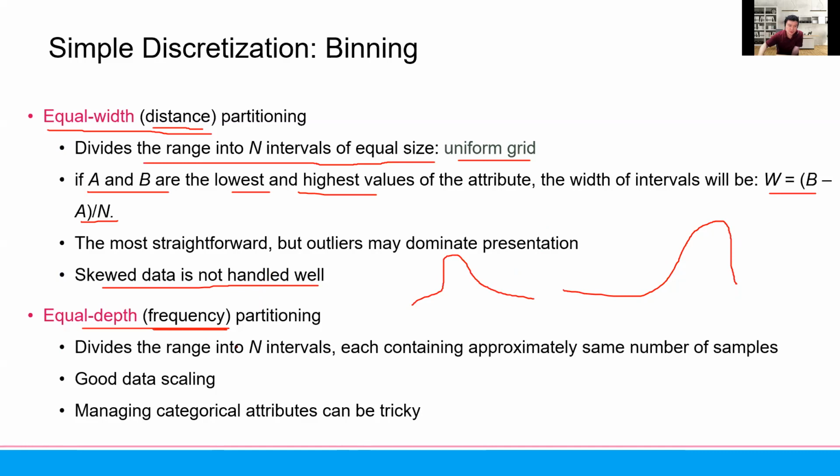In the frequency-wise approach, we divide the range into n intervals containing approximately the same number of samples. So the frequency for each bin should be at least the same. It is good for data scaling, but later, when we have this binning, how to handle the categorical attributes will be very tricky.